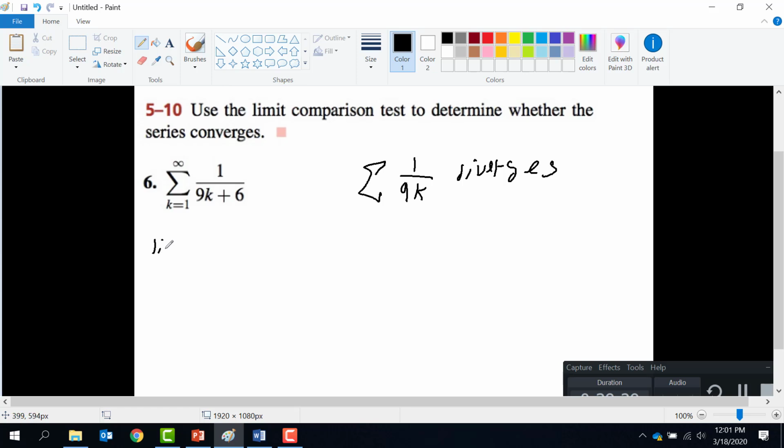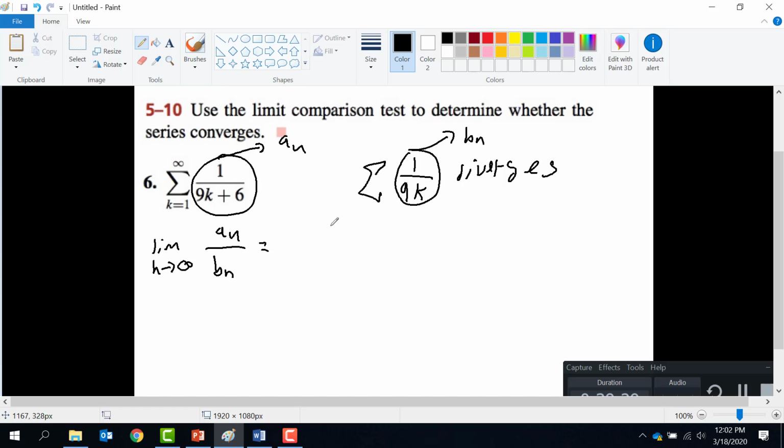And so then, using the limit comparison test, we're supposed to take the limit as n goes off to infinity of a sub n divided by b sub n, and it makes absolutely no difference which one you consider to be your a sub n, which one you consider to be your b sub n. That plays no role in this. We'll go ahead and let this be our a sub n, and we'll let this be our b sub n.